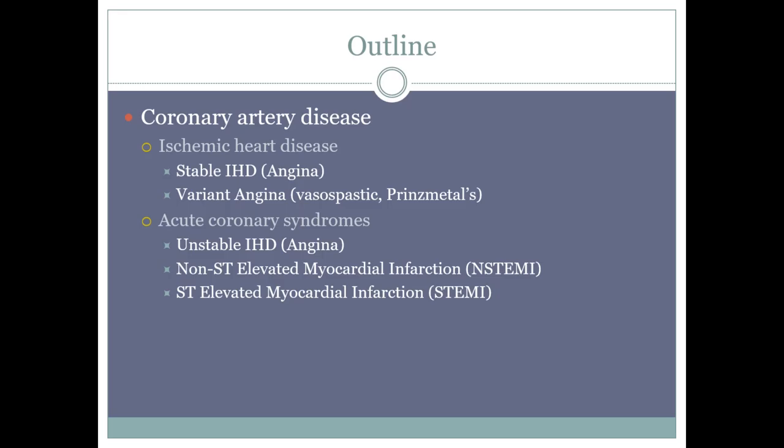It's really just a spastic disease of the coronary arteries, so we won't talk about that any further. We'll talk about ischemic heart disease and then acute coronary syndromes, which consist of unstable angina, non-ST elevated MIs, and ST elevated MIs. I'll define what those are a little further along, and they'll become clearer as I refer to them.